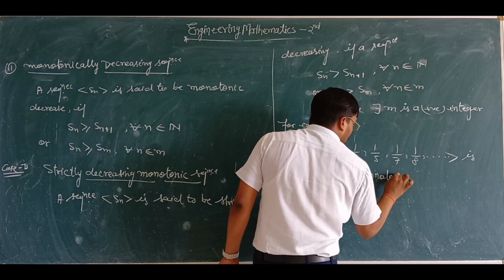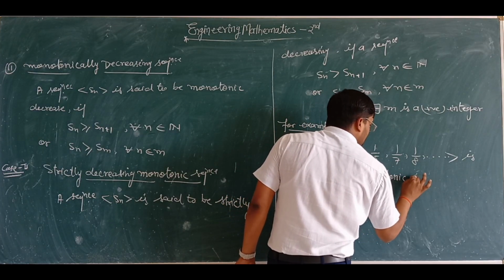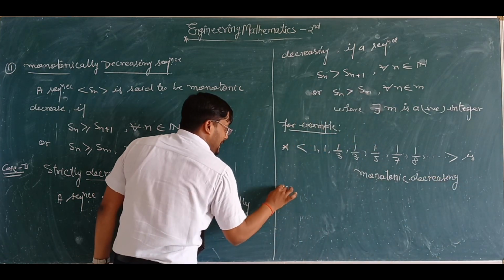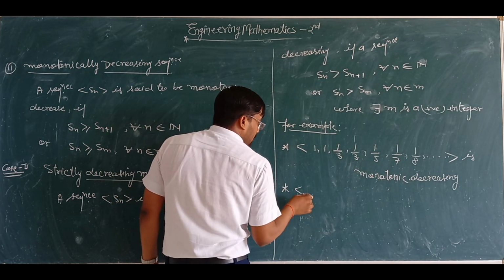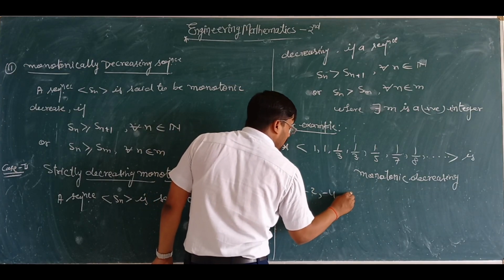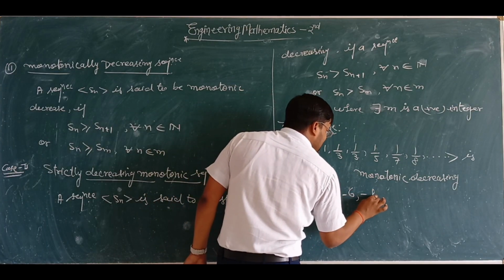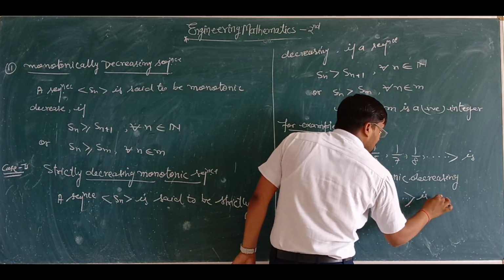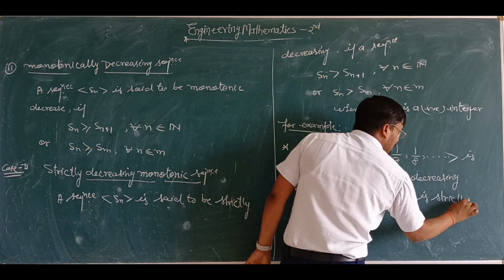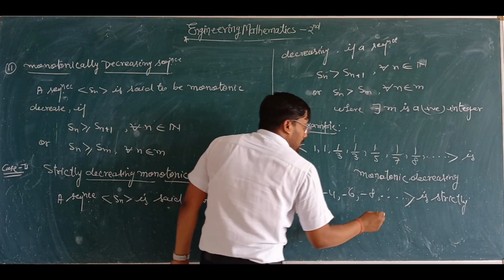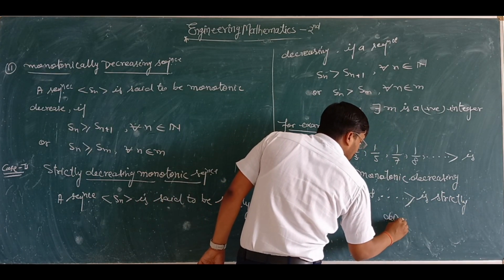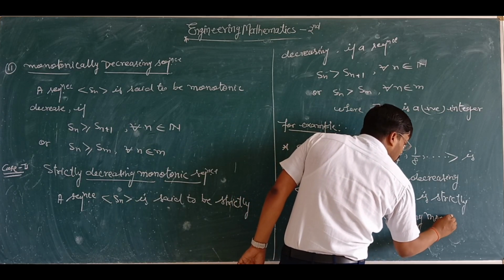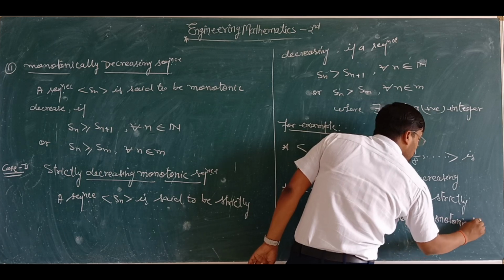Now, the second case is the sequence -2, -4, -6, -8, and now next is strictly decreasing monotonic sequence.